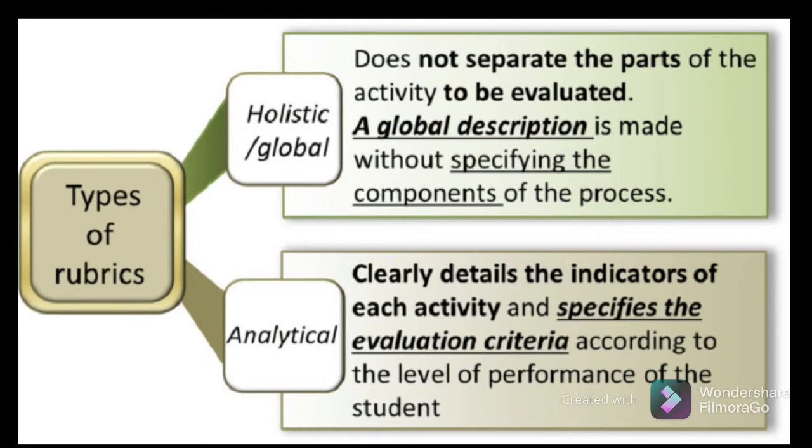So what are the advantages of analytic rubrics? It gives diagnostic information to the teacher. So the assessment of even the minor skills, not only the macro skills, is being graded in an analytic rubric. It gives formative feedback to students.